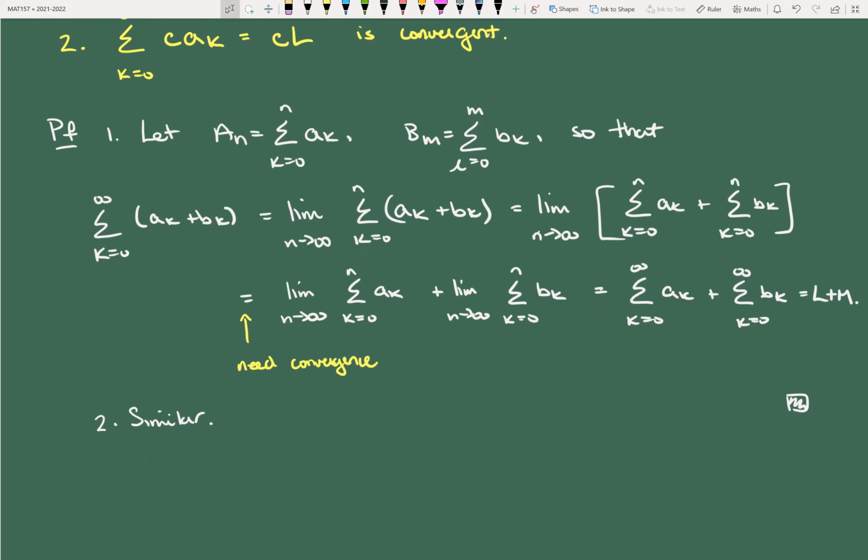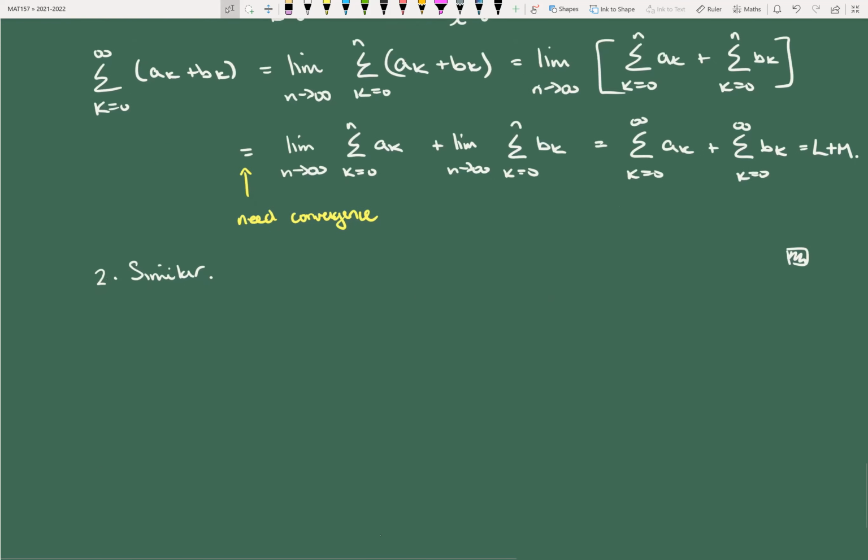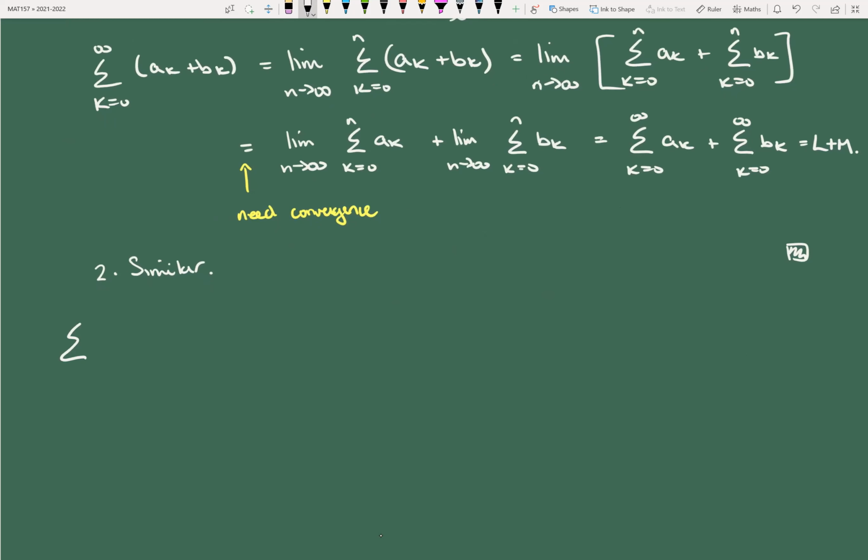It breaks in the sense that if a series diverges, you can't say anything. As a silly example, what if I took the sum of k from k equals 1 to infinity? Clearly divergent. If I added it to itself, it's still clearly divergent, but I could also add it to the sum of negative k, which is also a divergent series, and when you add these together, you suddenly get a convergent series.